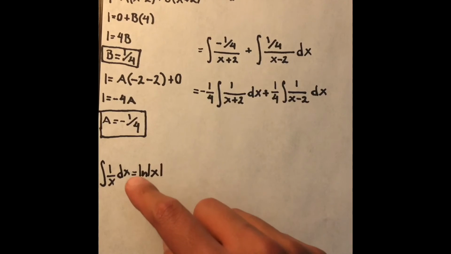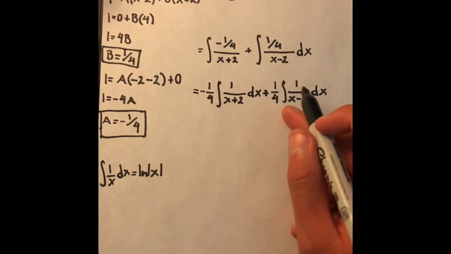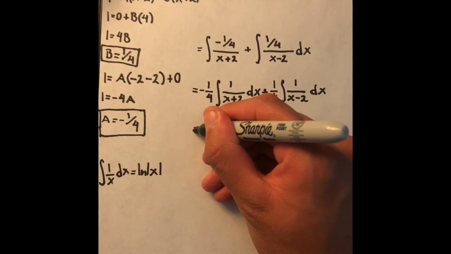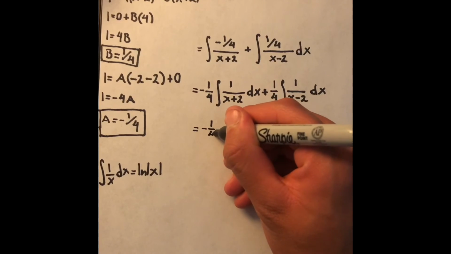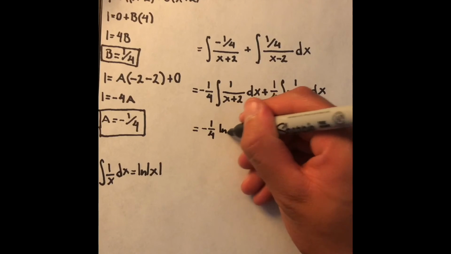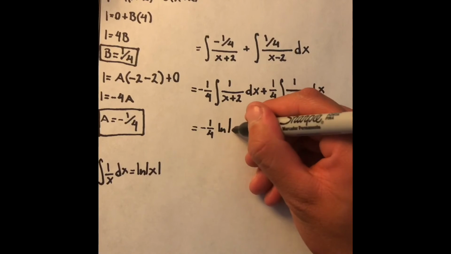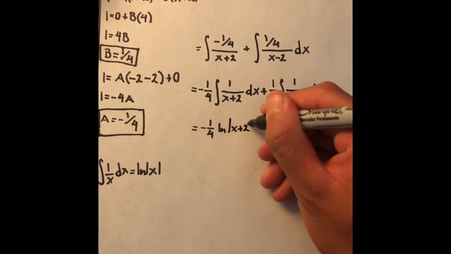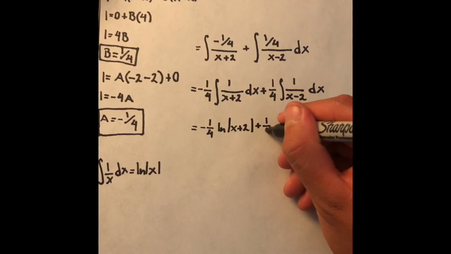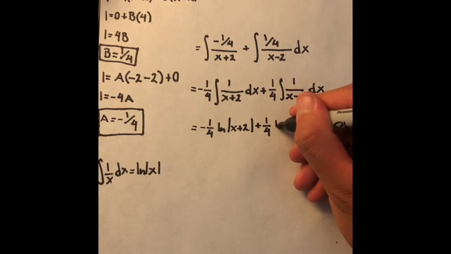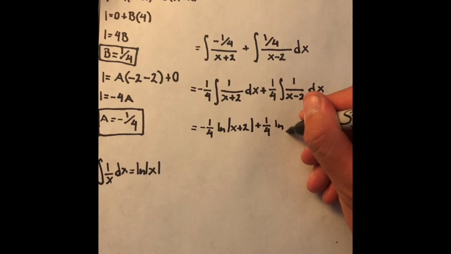So taking this into account, the antiderivative of these two functions is -1 over 4 ln of the absolute value of x plus 2, plus 1 over 4 ln of the absolute value of x minus 2.